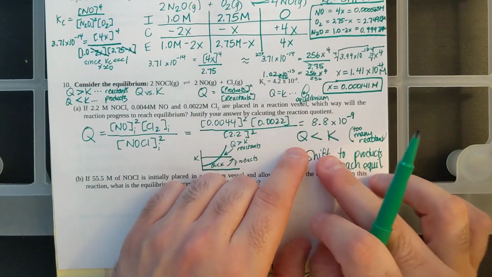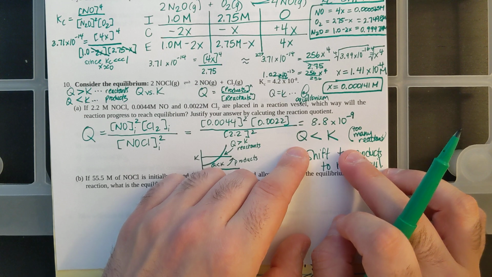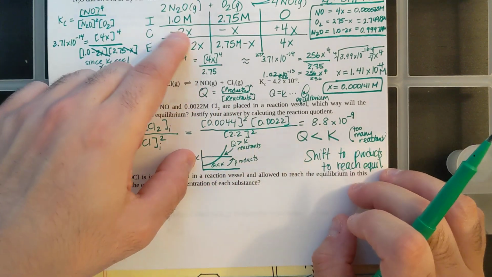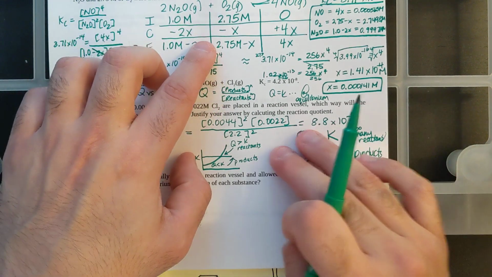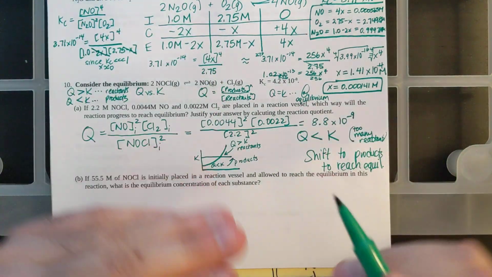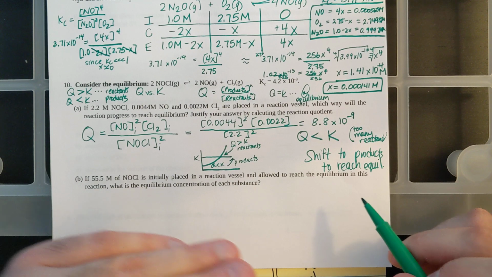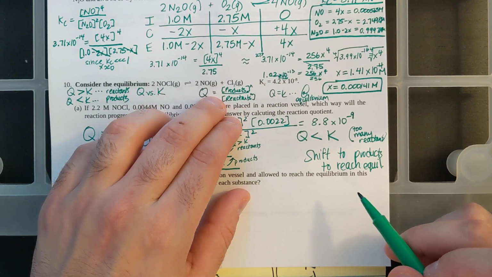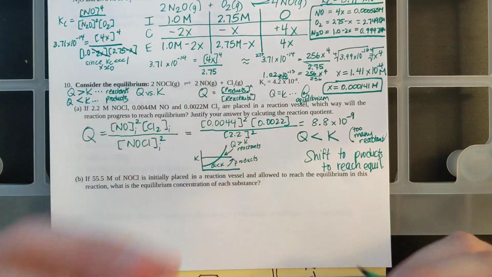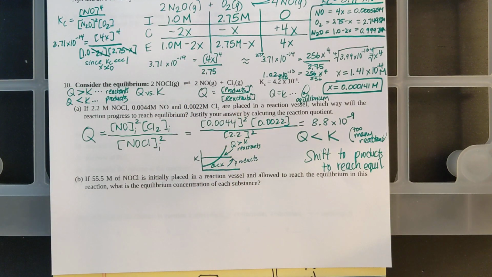I can compare Q to K. If Q is less than K, that means I have too many reactants and not enough products, so I have to make more products to get to K. If Q was greater than K, that means I have too many products and not enough reactants, and I have to shift towards reactants to reach equilibrium.